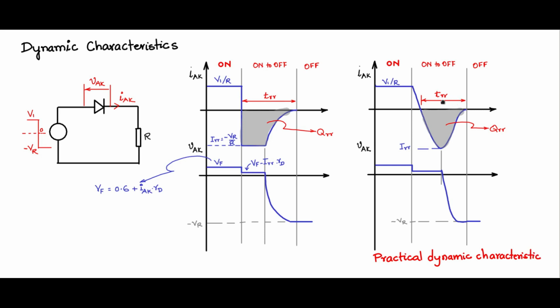So for switching applications, you should choose a diode which has TRR very small. This set of graphs that we have drawn for IAK, the anode current, and the anode to cathode voltage, is for a practical diode, and it will appear like this. So this is the practical dynamic characteristic of a diode.